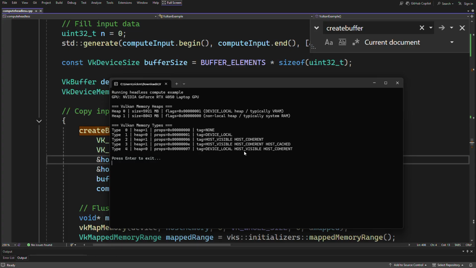Because this memory type is based on GPU memory, the natural question is, we understand how the GPU is accessing it because it's local to the GPU, but how is the CPU then accessing that memory?